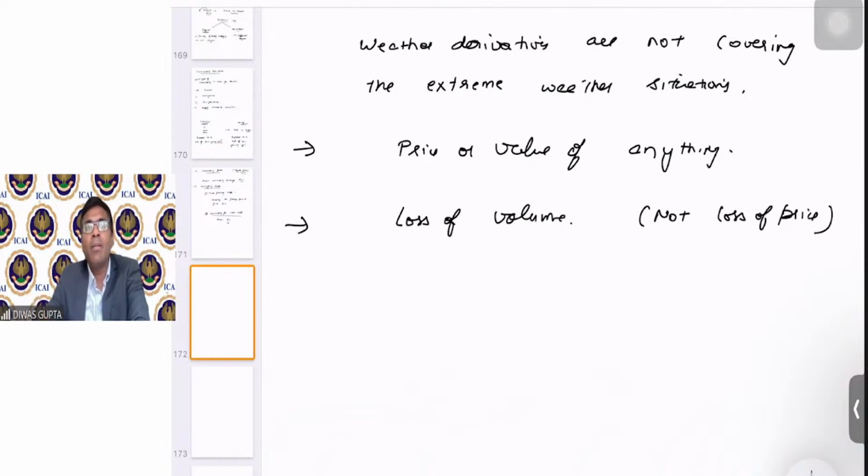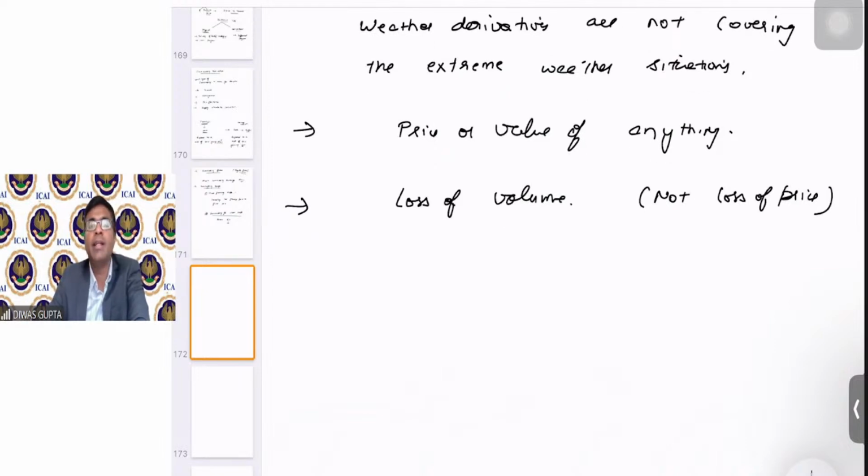So we say that had the temperature been 40 degrees Celsius, the produce would have been 50 metric ton. Now the derivative is if the temperature is more than 40 degrees Celsius, then the person who has entered into that agreement will get the difference of whatever loss of volume has happened. Okay, students?